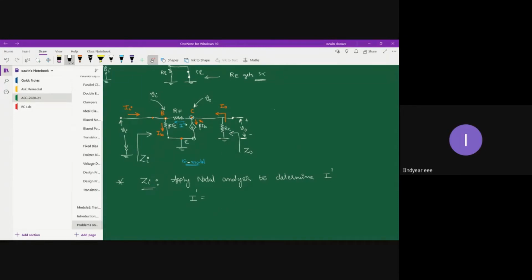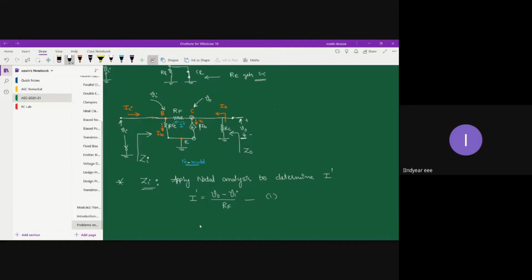I dash is nothing but the potential difference across RF divided by the resistance value. Across RF, you have two potentials: at the collector terminal you have V0, and at the base terminal you have Vi. So the difference in potential is V0 minus Vi, divided by the resistance RF. Let's take it as equation 1.